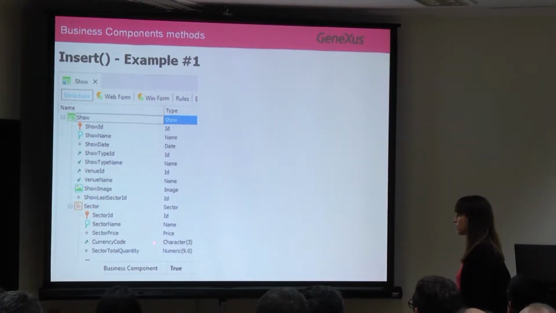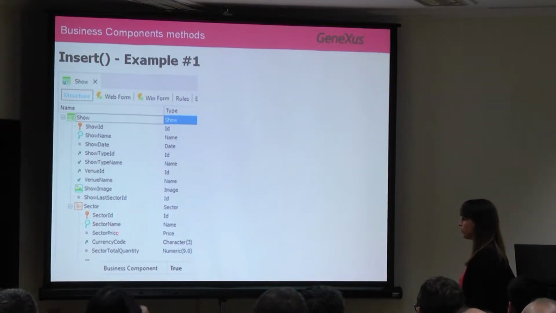So this is the first usage example. Here I have the transaction Show that has two levels. Each show has an identifier that has an auto number, a name, the date in which it will take place, a type, as I said, a concert, for example, circus, theater play, the place where it will take place, an image, and here are sectors that are being numbered.